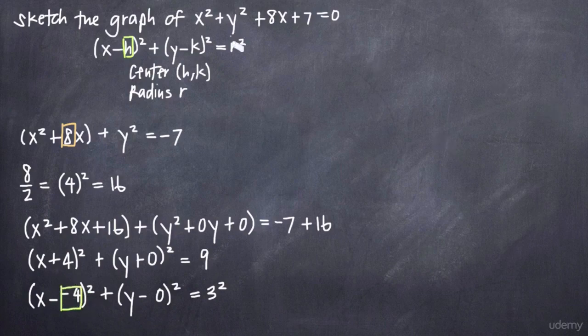We also have a value for k here in our equation, and then we have a value for r here, which we can see is 3. Knowing h, k, and r, we can find the center and radius of our circle, which will allow us to sketch it. So now we can talk about sketching the circle.